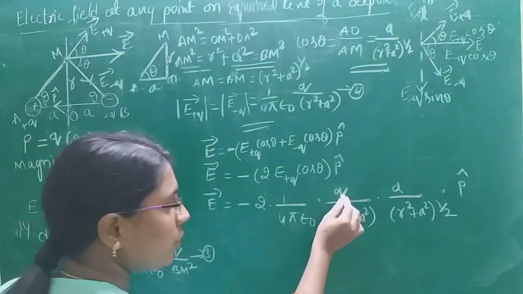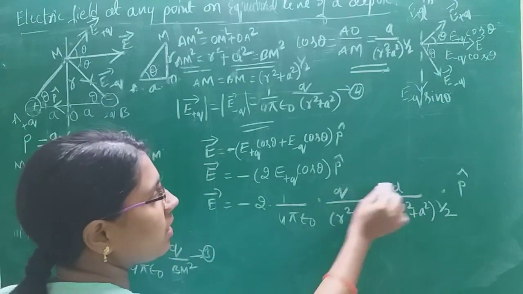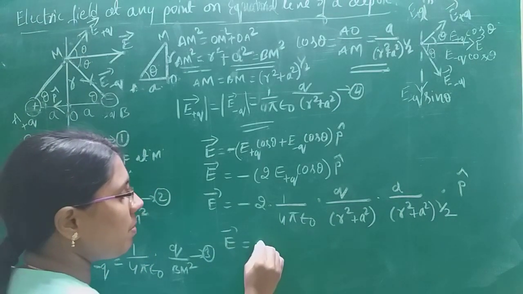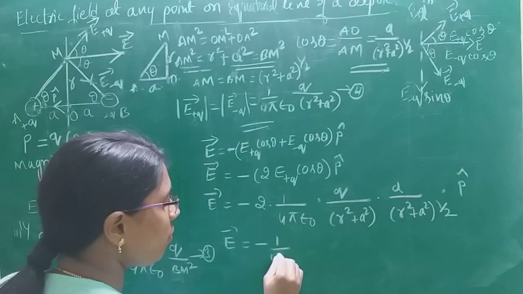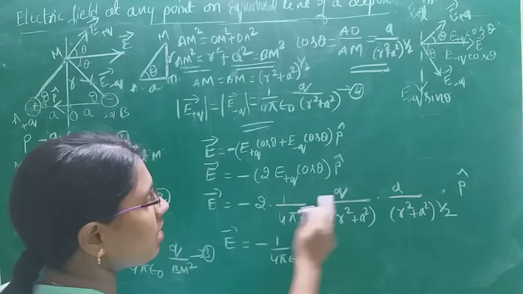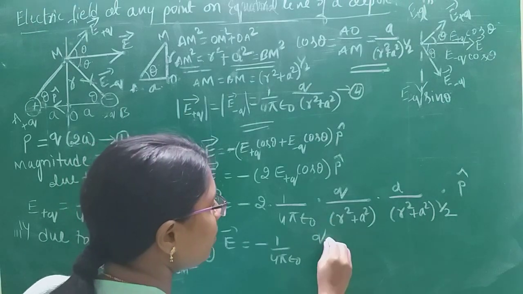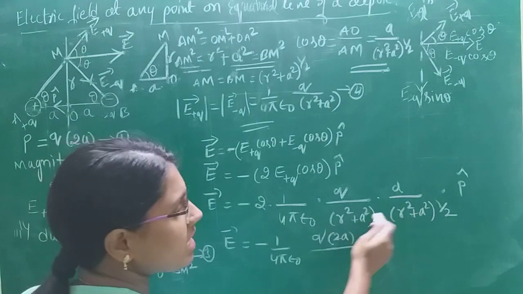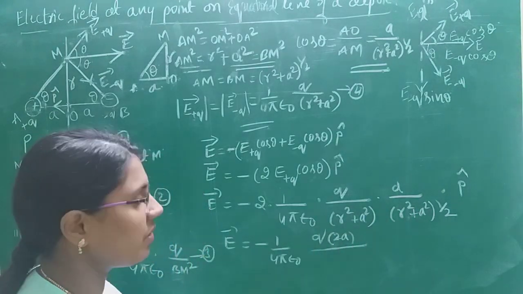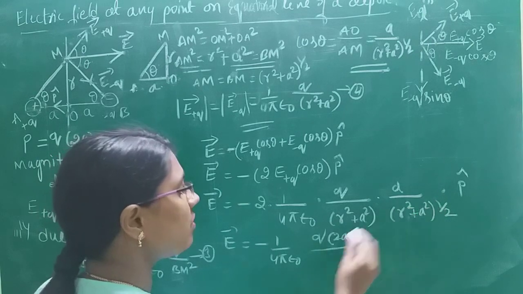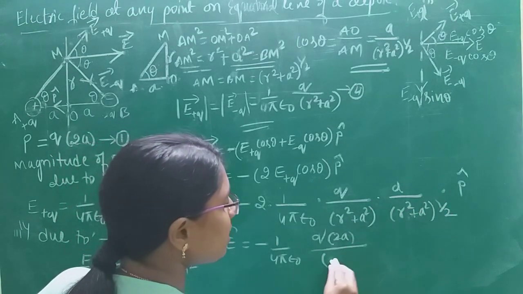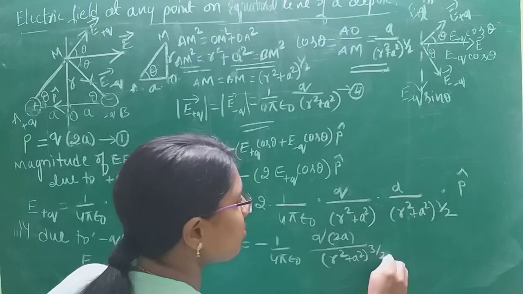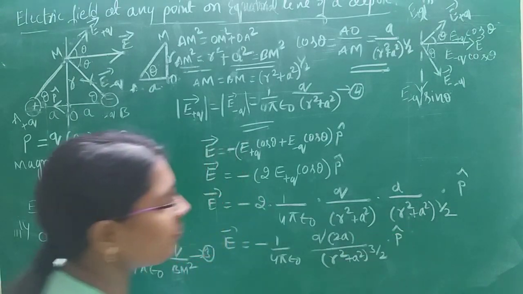Now see, Q into 2A, right? So here we write vector E is equal to minus of 1 by 4 pi epsilon naught, Q into 2A divided by R square plus A square, the base value being the same, and power here 1 and here 1 by 2. So 1 plus 1 by 2 is 3 by 2. Therefore we write R square plus A square whole power 3 by 2, into p cap.